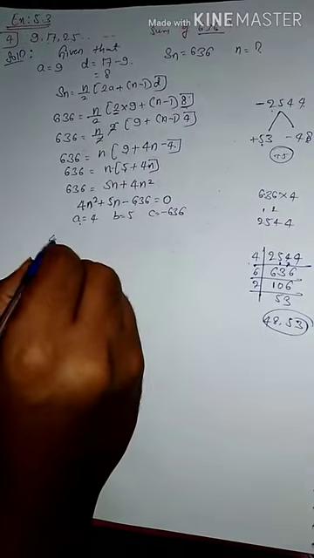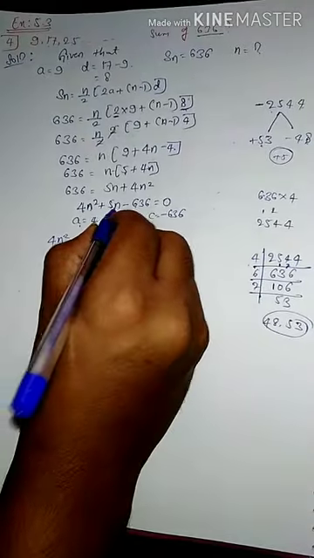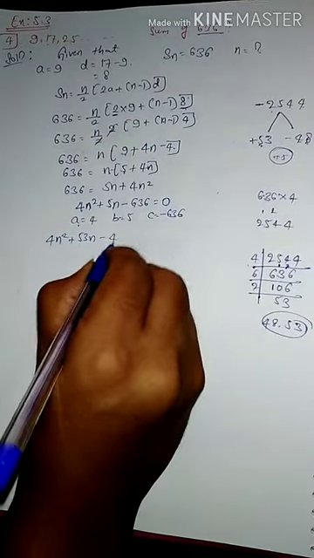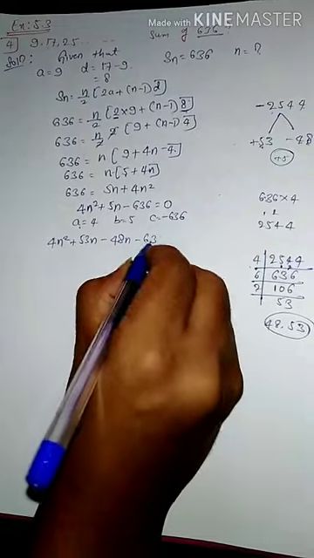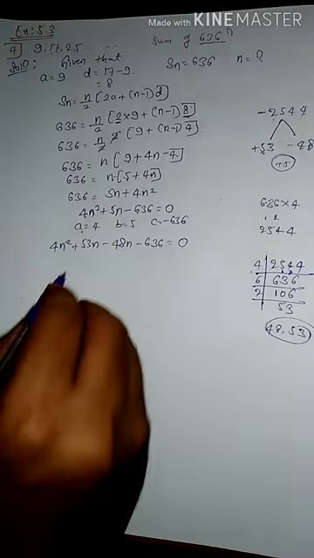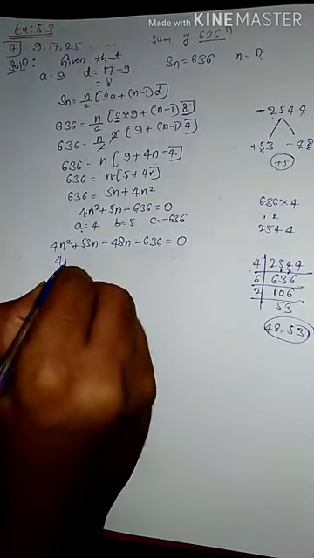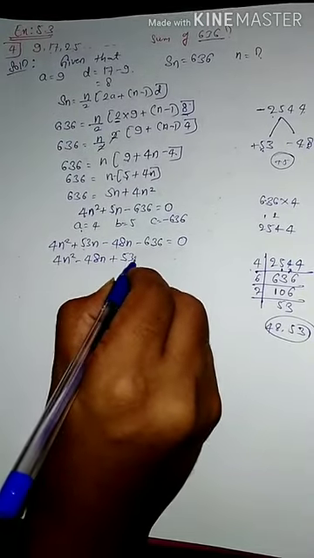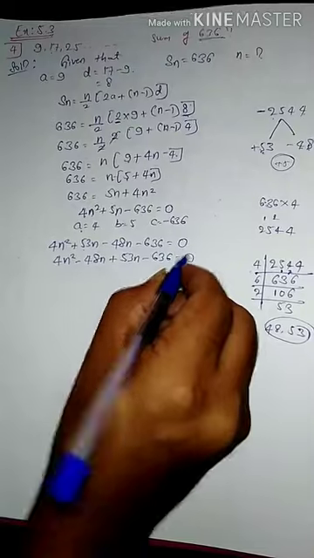Now 4n square, and here 5n is split as 53n minus 48n, minus 636 is equal to 0. So rearrange the terms: 4n square minus 48n plus 53n minus 636 is equal to 0.